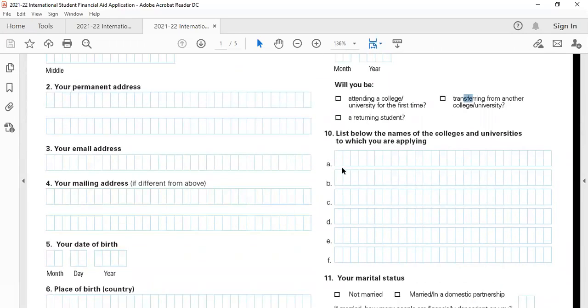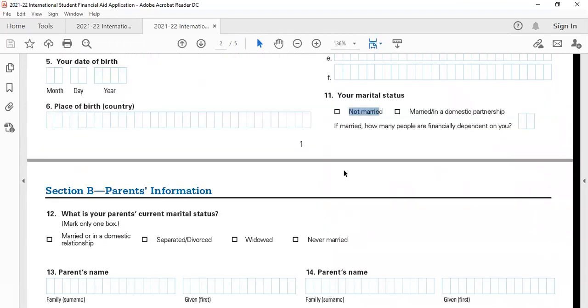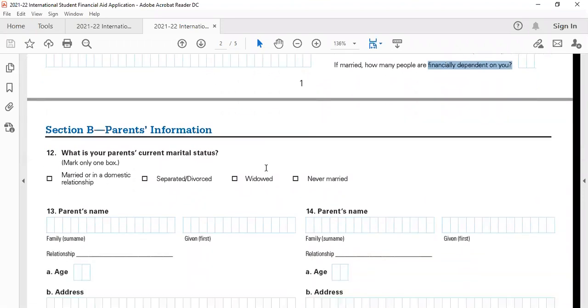So you need to mention 4 or 5 of the other colleges that you're applying to in the US. Your marital status. So for most of you, I believe you are not married, so you can tick this off. If you're married, then how many people are financially dependent upon you? Again, you can mention if you have any children or if your parents depend upon you.